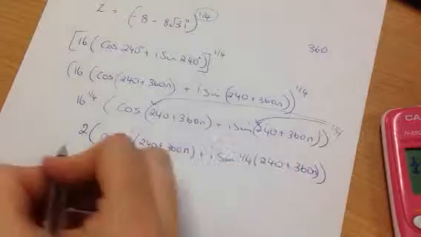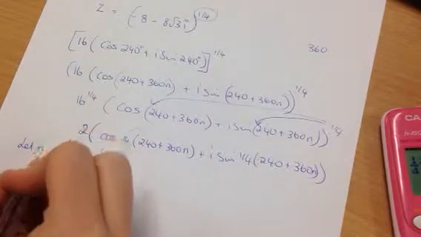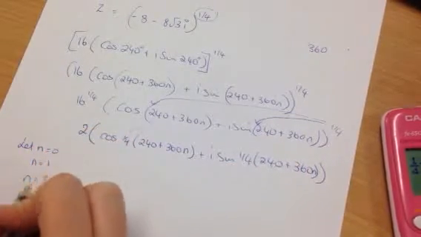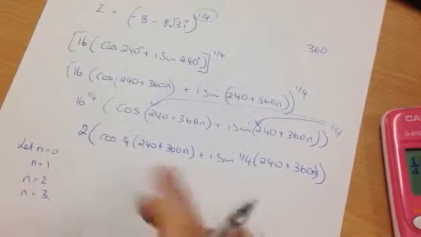So I'm going to let n equal 0, 1, 2, 3, and work this out.